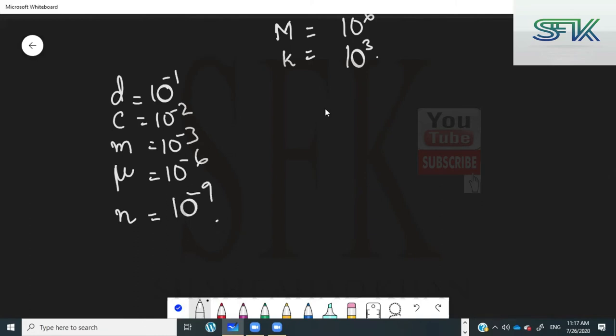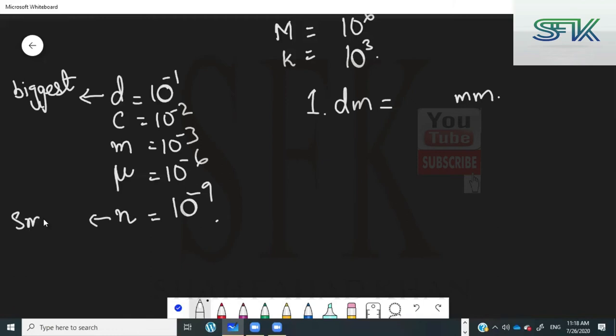Now, what if I need to convert 1 decimeter into, let's say, millimeters? First of all, let me clarify one thing. The number on top is the biggest number. The number on the bottom is the smallest, okay?